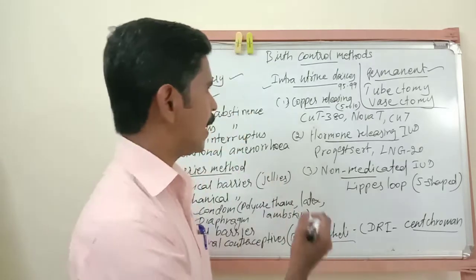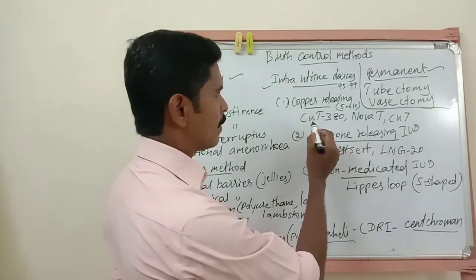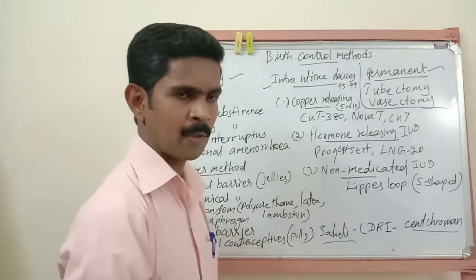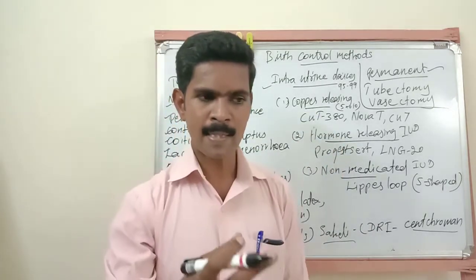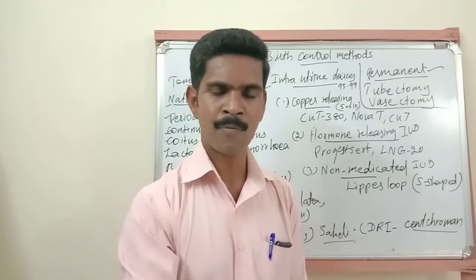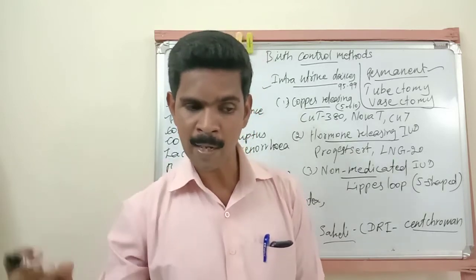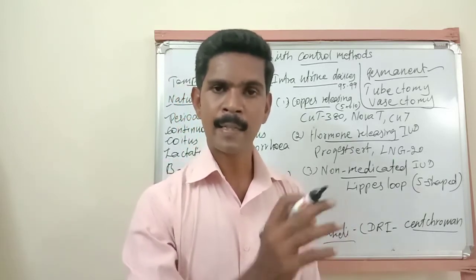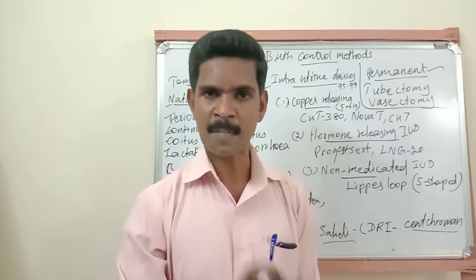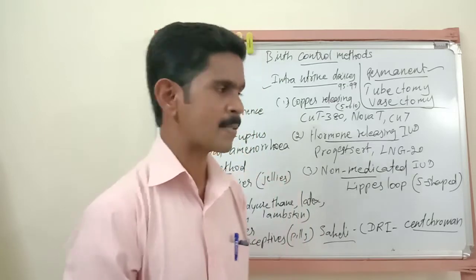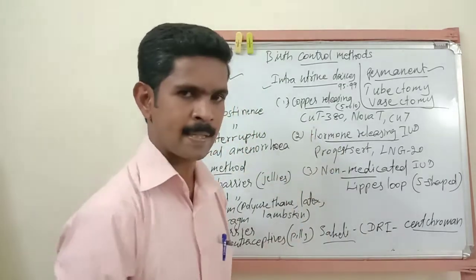Imagine one copper releasing intrauterine device, for example CuT380. When this device is inserted in the uterus and the sperm reaches the uterus, the sperm is immediately inactivated or killed by the copper salt released from this device.